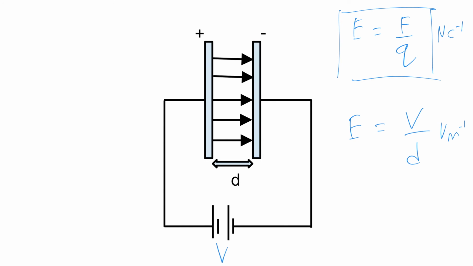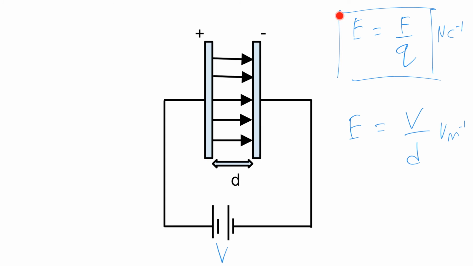So how come they have different units even though they are the same quantity? Actually, it looks like they have different units, but if you break this down to the base SI units, you will get exactly the same base SI units. So which means to say, you can leave your answer, the units, as either Newton per coulomb or volt per meter. Understand? It doesn't matter.